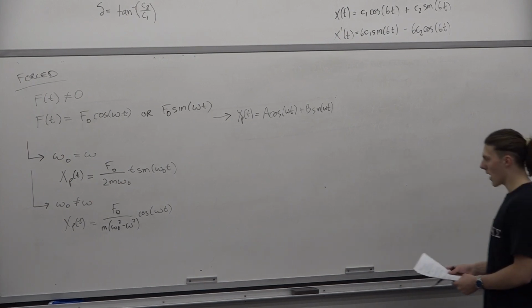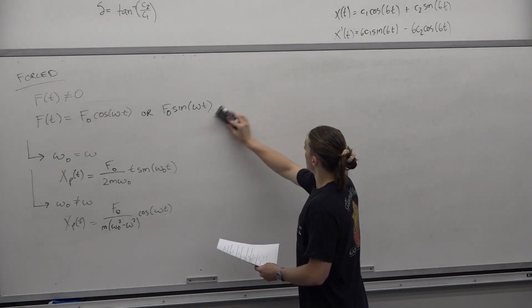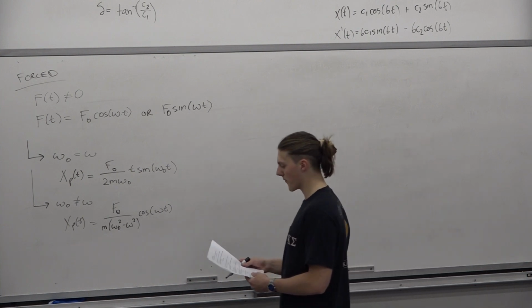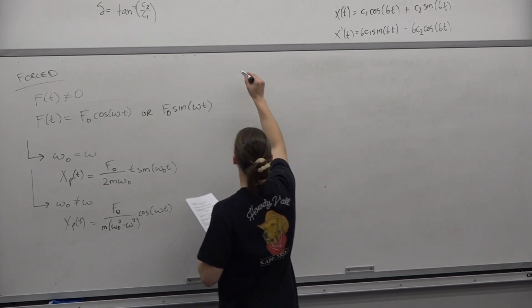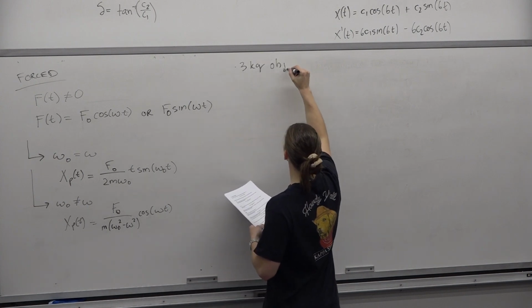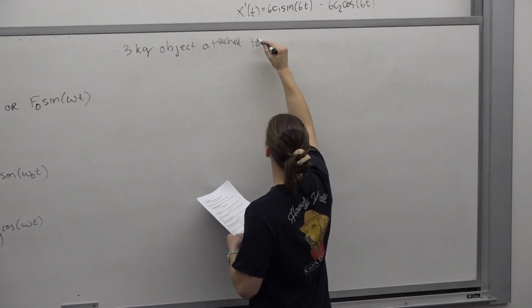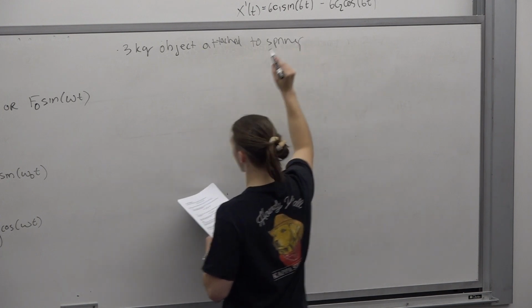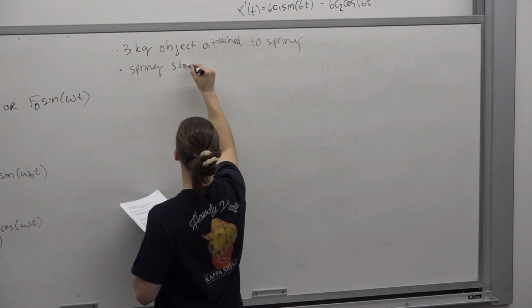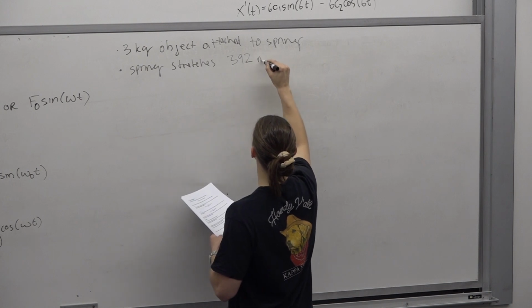So I have one final example for you guys. And this time we have all forces considered. So we have a 3 kilogram object attached to a spring. The spring stretches 392 millimeters.